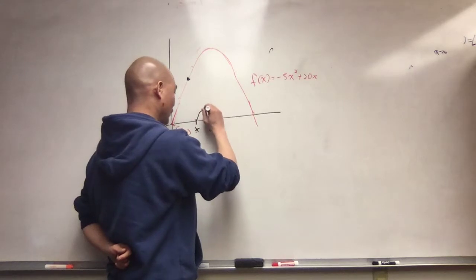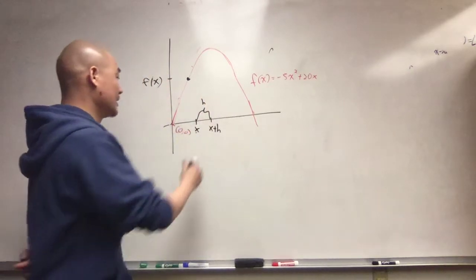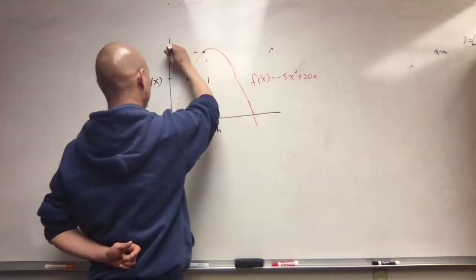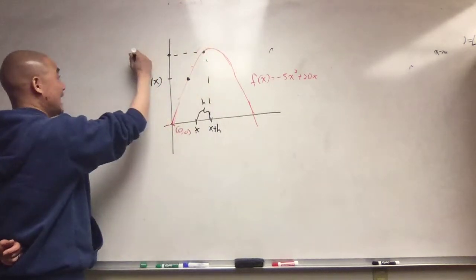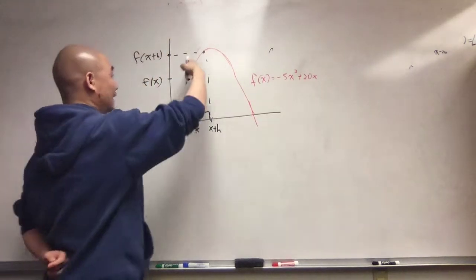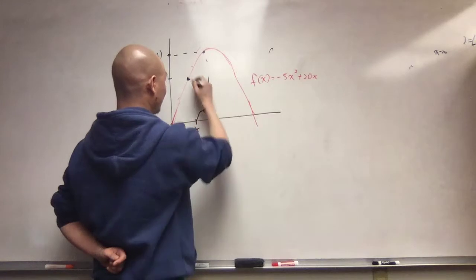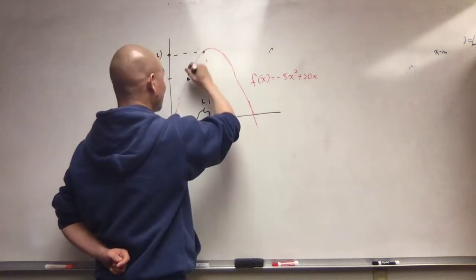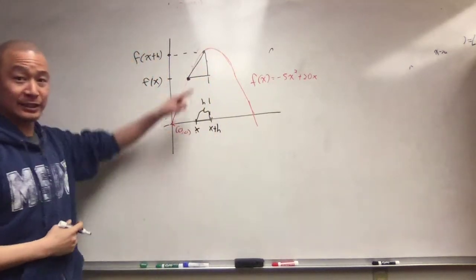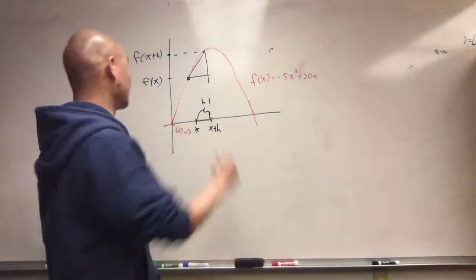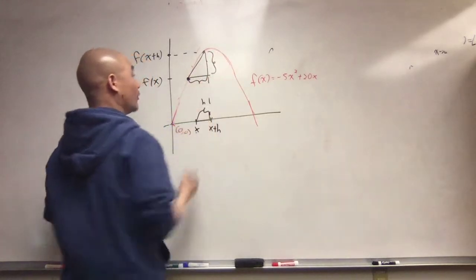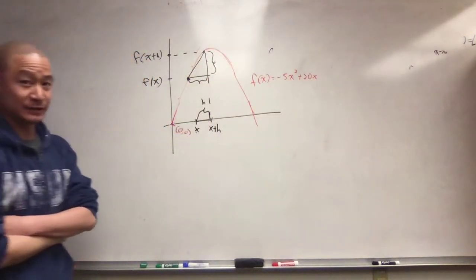So I'm moving forward by h, and it's going to have height f of x plus h. And so the average rate of change of this function over this region is the slope of this line here, right? It is going to be this difference divided by that difference.